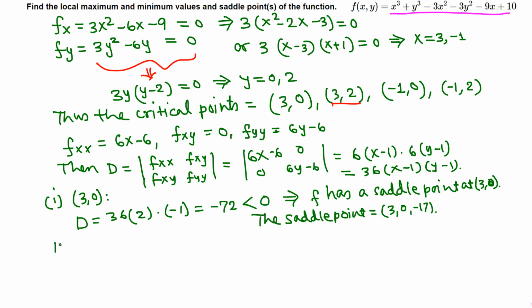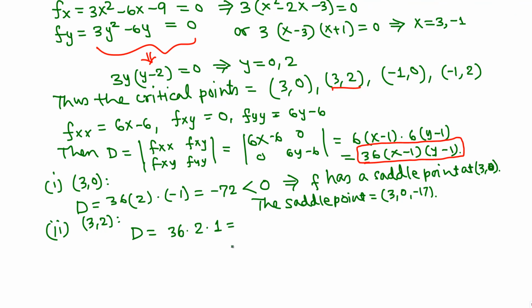Okay, so let's do the same thing for the second critical point, (3, 2). We first compute the discriminant. D equals, and we have found D here. So let's plug in x equals 3, y equals 2. That gives 36 times (3 minus 1), 2, times (2 minus 1), 1. That's 72.